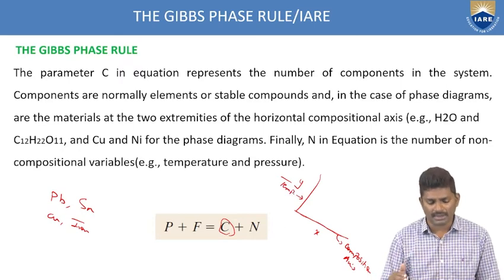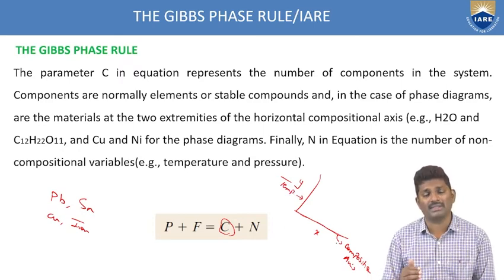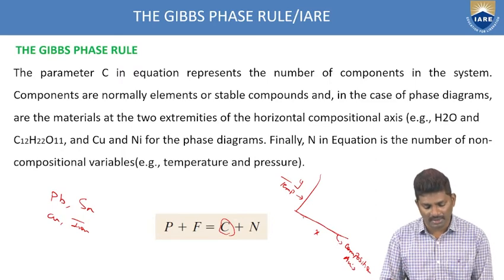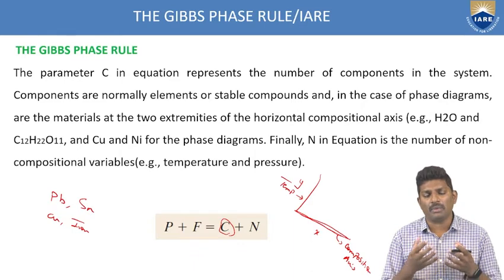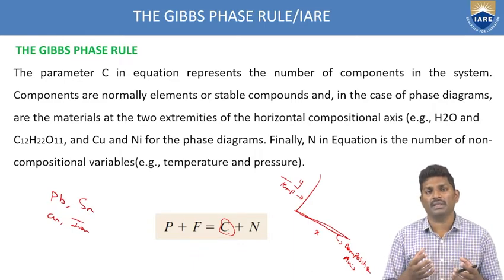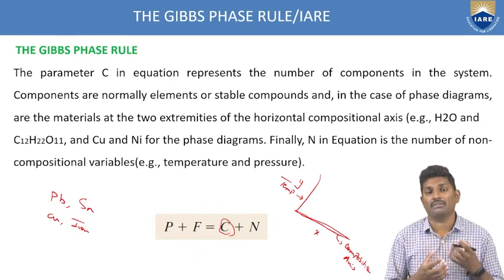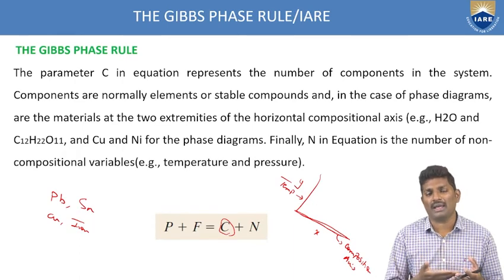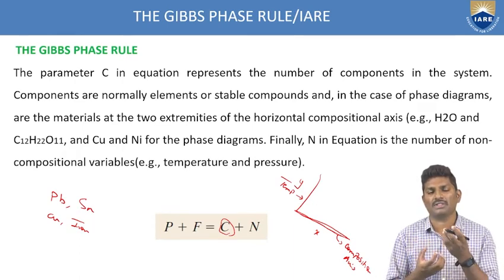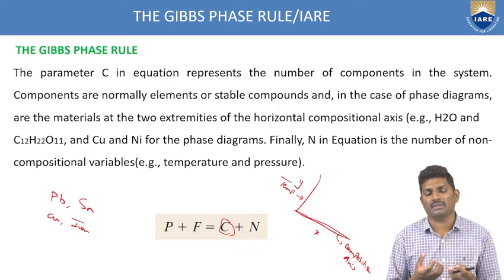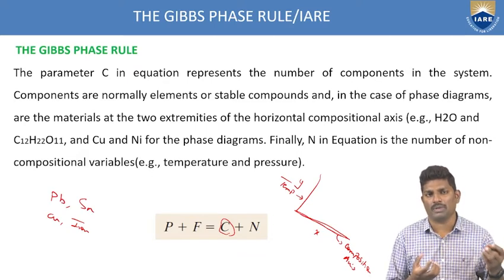In this case, the components can be represented with respect to the x-axis. Why? Because these components have to be defined with the composition, the percentage weight of composition. To describe the percentage weight of composition, we take the horizontal axis as the reference axis. From that axis it is easy to identify the percentage weight of each component.